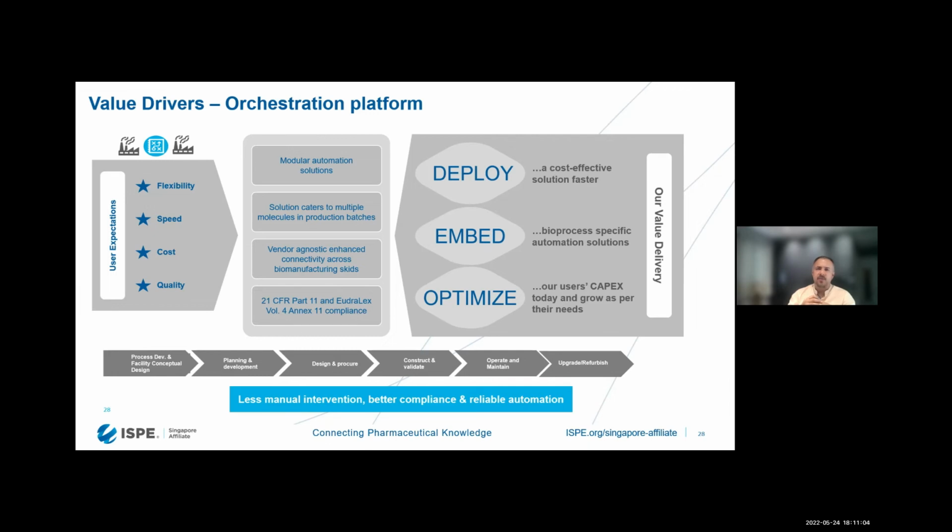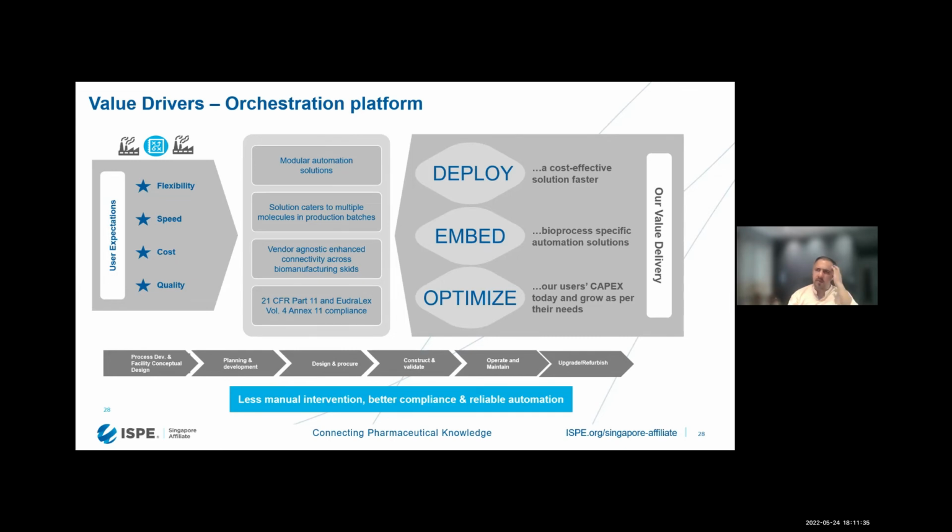At the same time, we would also want to optimize our users' capex investments, so that their total cost of ownership is low in the beginning, and then as and when they need, they can also opt for additional modules, and that would help them when they want to automate more, or when they want to bring more capabilities into their bioprocessing environment.